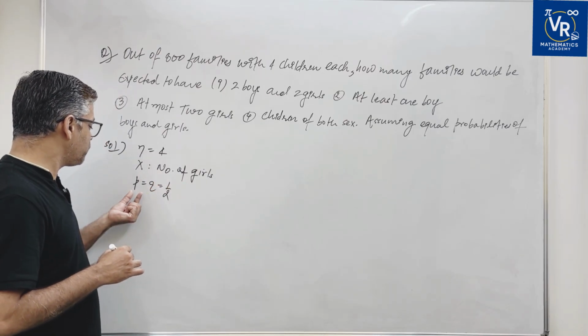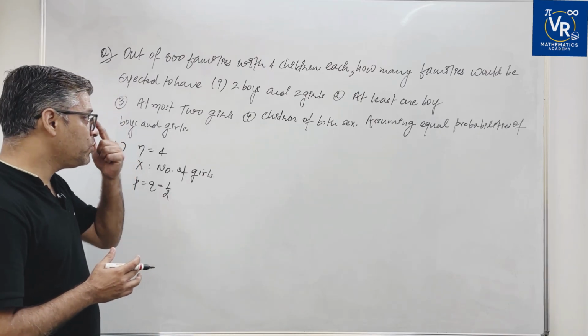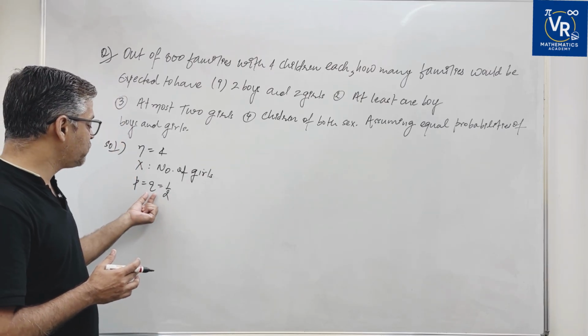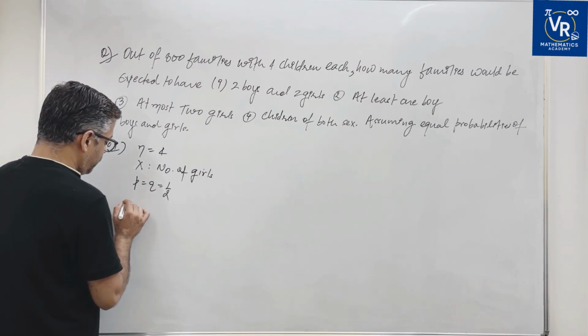Number of girls, that is the probability of success, is 1 by 2, and probability of failure is also equal to 1 by 2, that is the probability of a boy. Okay, so now number 1.